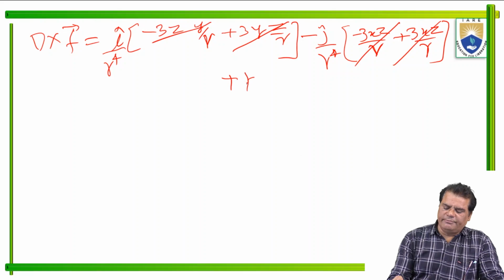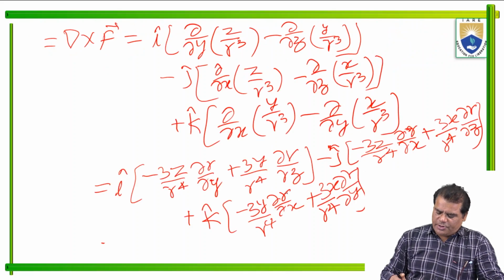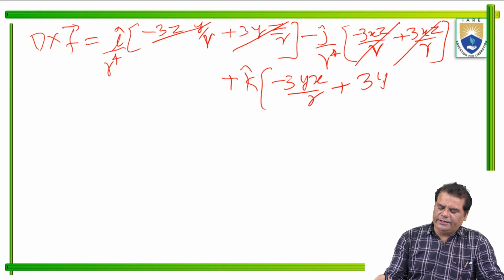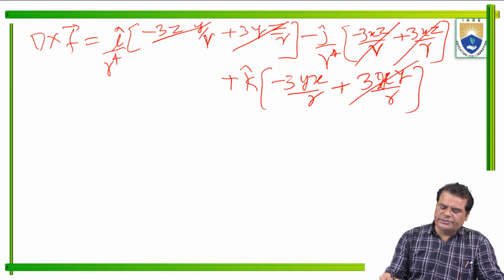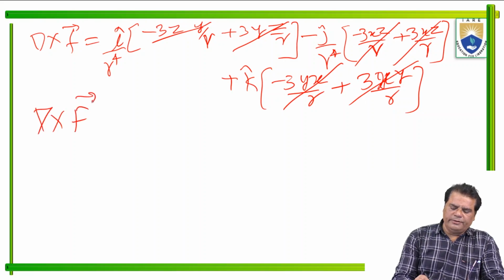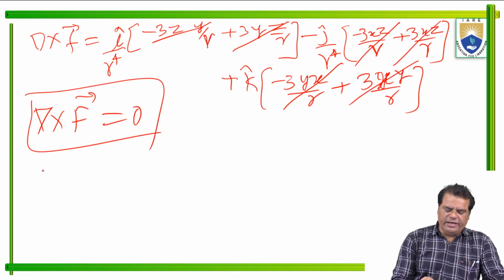Similarly in the k term, here x upon r minus 3y x upon r plus 3xy upon r, and this term cancels this. So del cross F equals 0. So del cross F is 0.